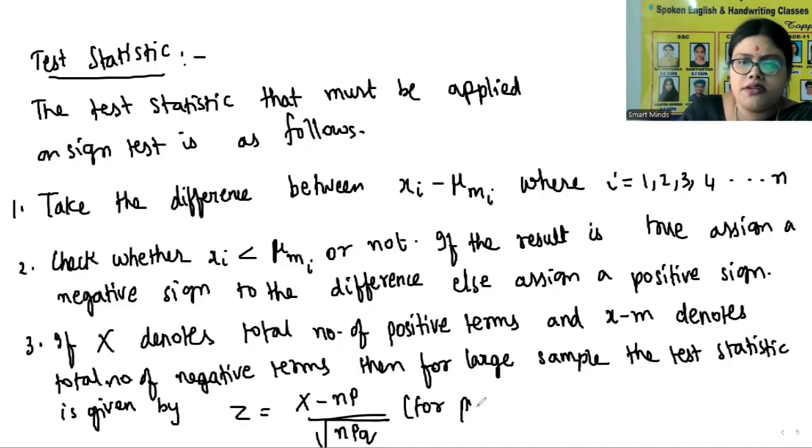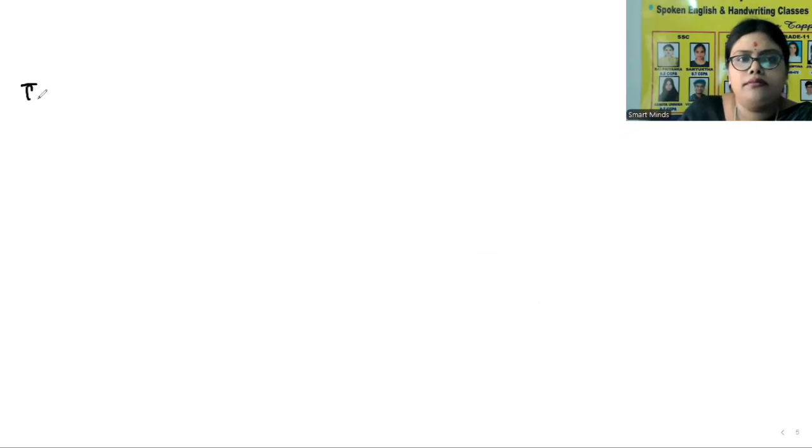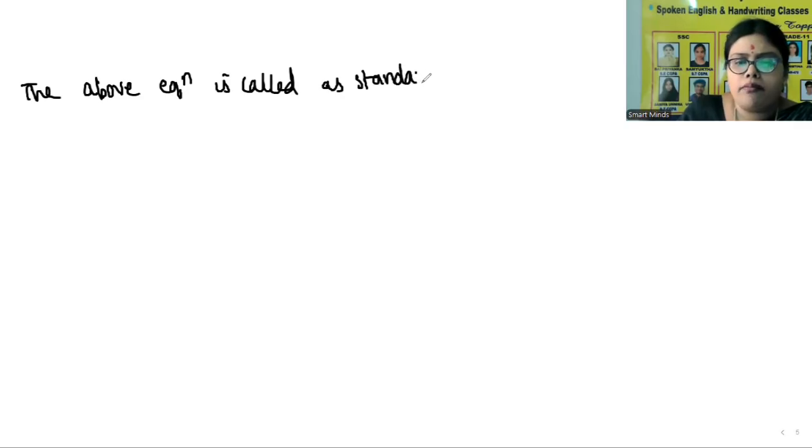This is for positive sign. And what is this equation called? So the above equation is called as standard normal variate.